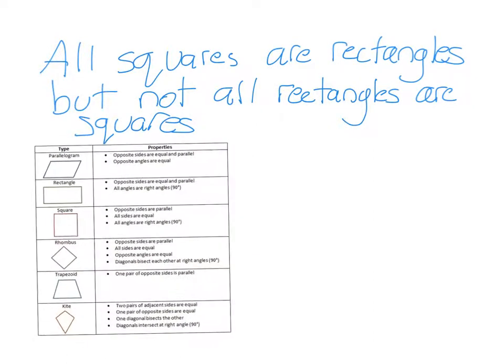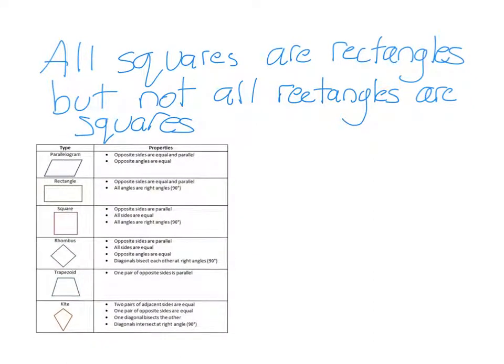Okay? So let's look first at the definition of a rectangle. Okay? So any shape that has 2 pairs of equal and parallel sides and all angles equal is a rectangle. Now a square actually satisfies that definition. So look at the square that I've just put here.